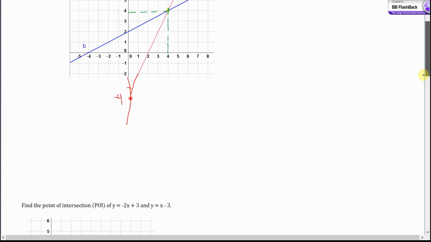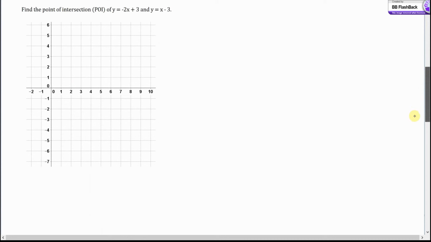Okay. We could be given the equations. What do we need to do first? First thing, let's graph it. So let's do this equation in blue. Minus 2x plus 3. What do we start with? The y-intercept. We have to start at a point. Okay, now we need to go down 2 and over 1.